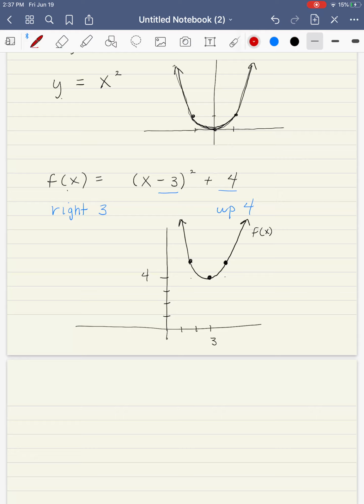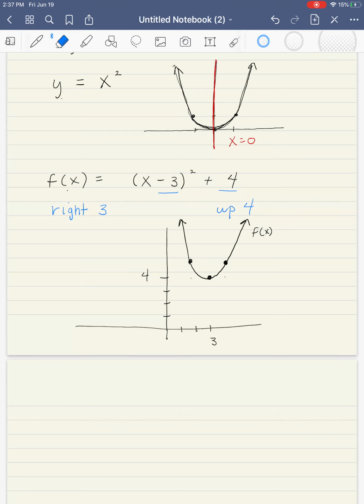Now let's look at some things about this graph. Notice on my original graph, y equals x squared, that graph is completely symmetric around this line right here. And because it's a vertical line, the equation of that line is x equals 0.